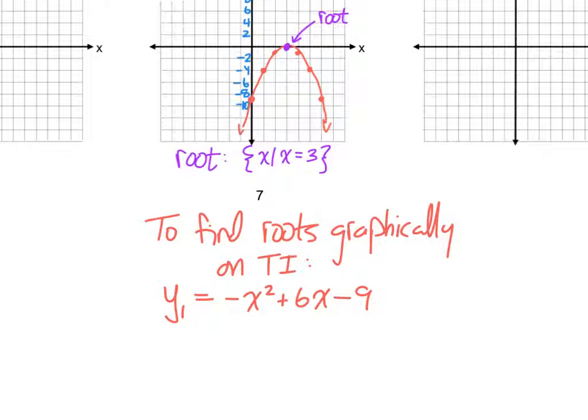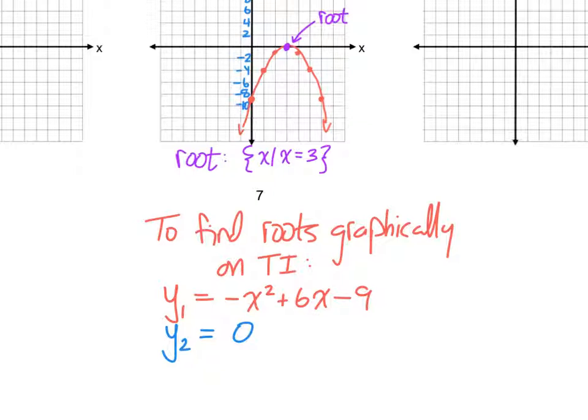I want to find where the equation is equal to 0, so in y2, I'm going to type in y equals 0. There's other ways to do this, but this is the way that makes the most sense. So, as a second equation, I'm going to type in 0. So now I have two equations that I can look at the same time. Now, one of them is not going to really appear because it's going to overlay the x-axis.